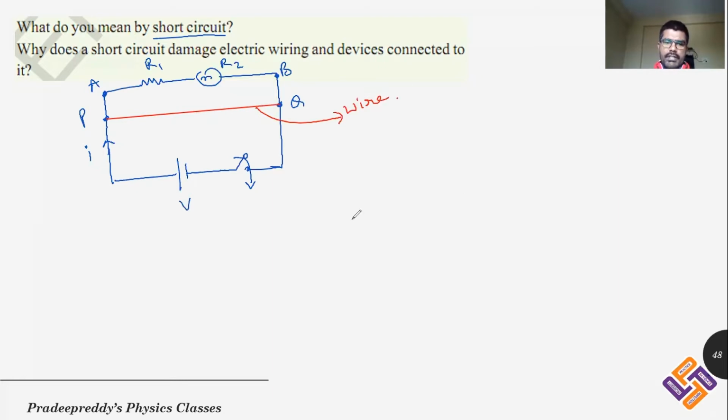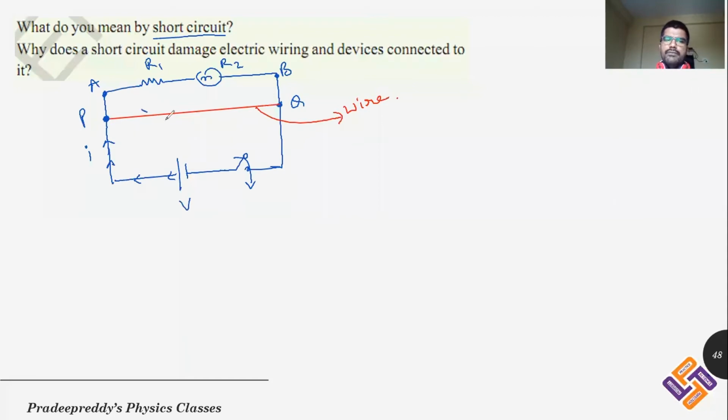When you connect it with a wire, the current I comes and enters this point P. When it comes to point P, it has two paths.